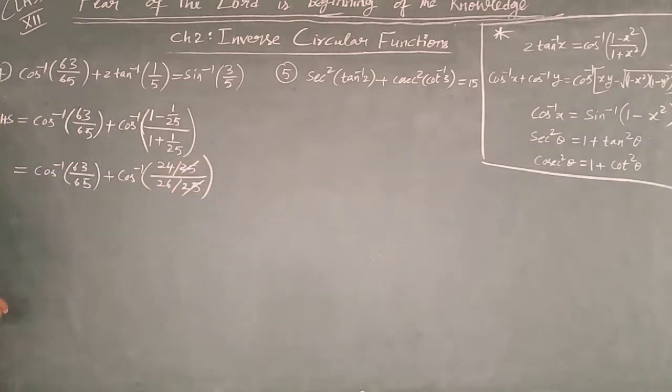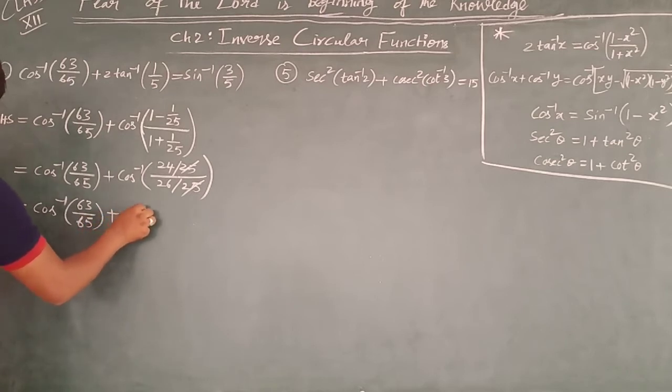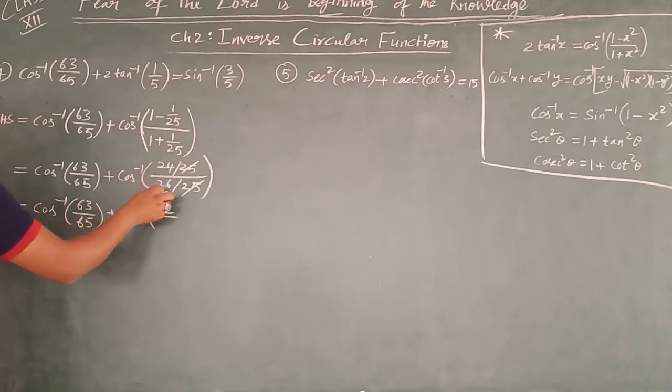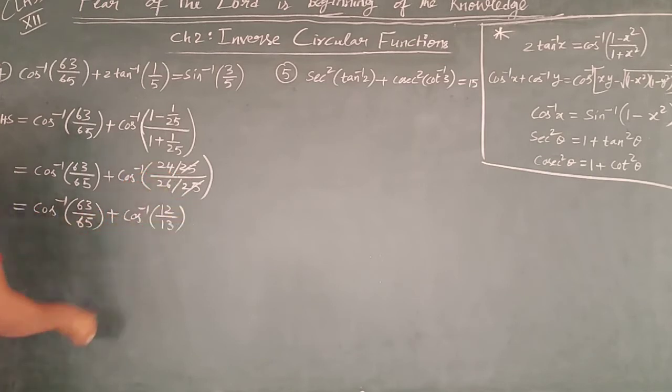The 25s get cancelled. So at last you get cos inverse 63 upon 65 plus cos inverse 24 upon 26. These two get cancelled in the two table.